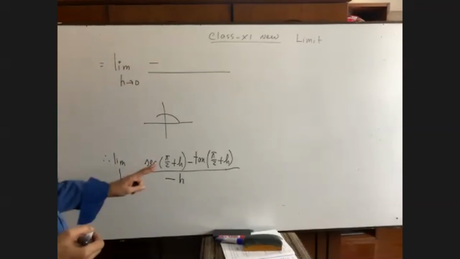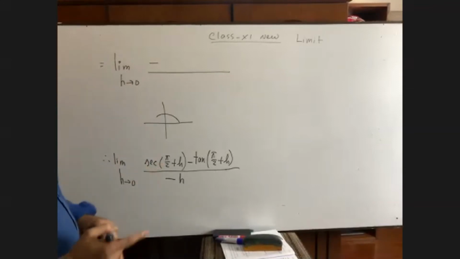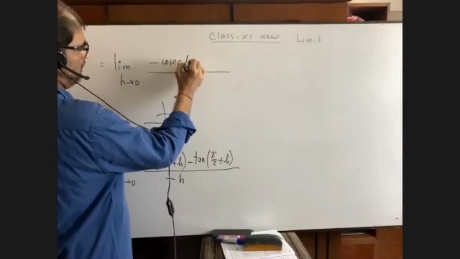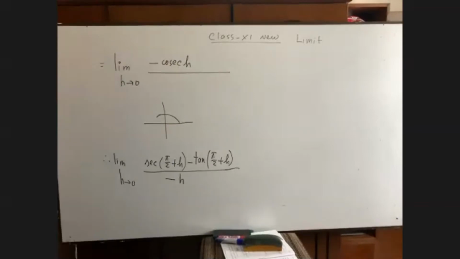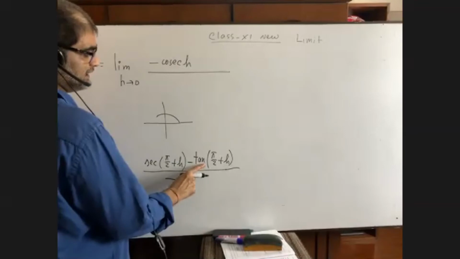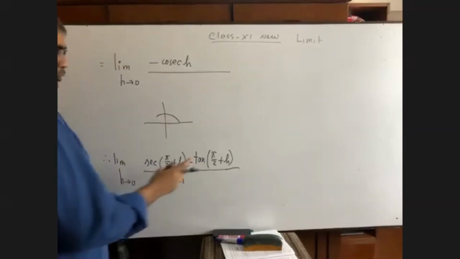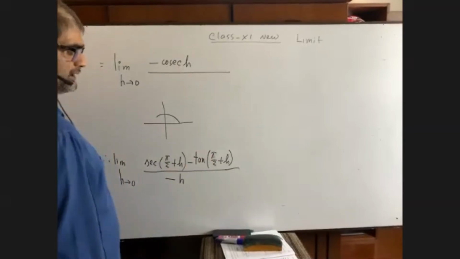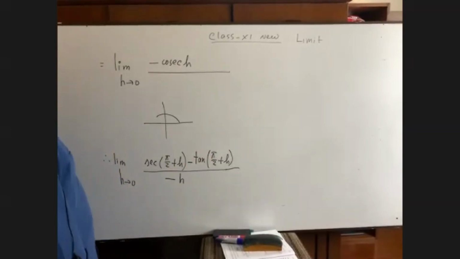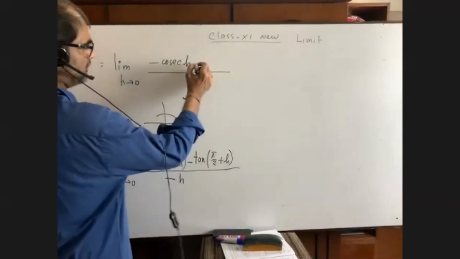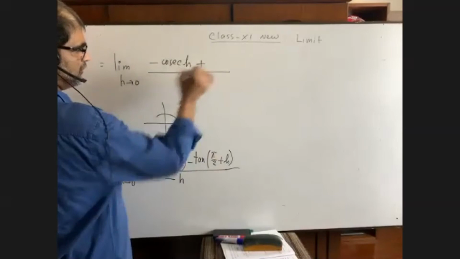And it is only 1 pi by 2, so secant will become cosecant. Here also tan theta is negative in the second quadrant. Only 1 pi by 2 is there, so tangent will become cotangent. So this is minus, and we'll get another minus here, so it is positive.